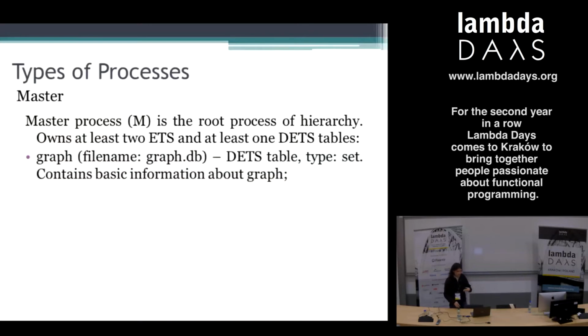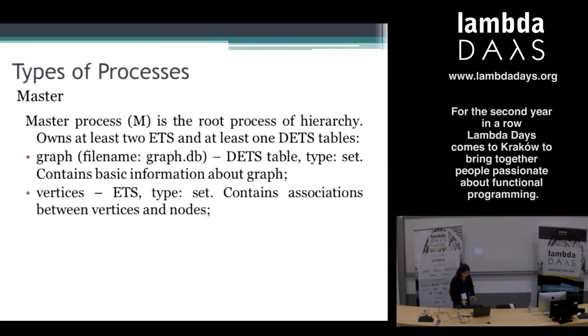The first DETS table is graph, because we have to store our model somewhere. So we use this GraphDB usually only for graph allocation, and usually we use it only 1 time, and probably 2 times to write some changes in structure. The second one, vertices, is an ETS table of type set.